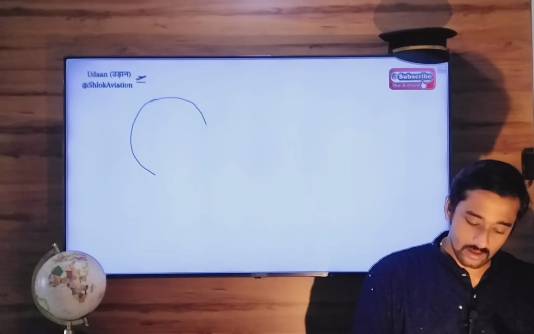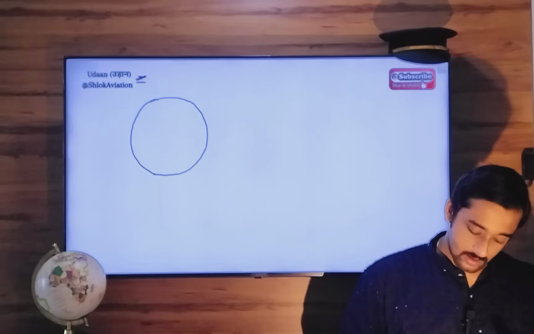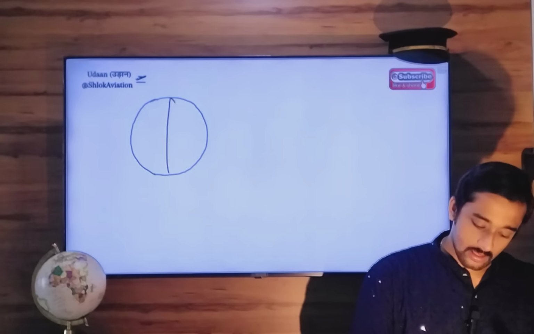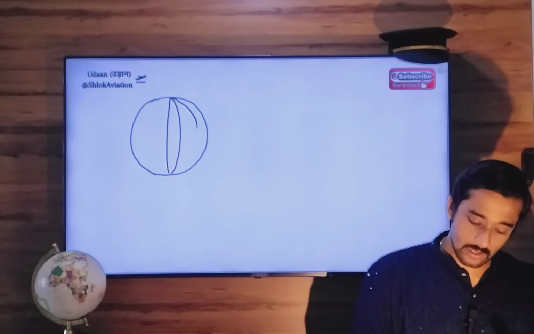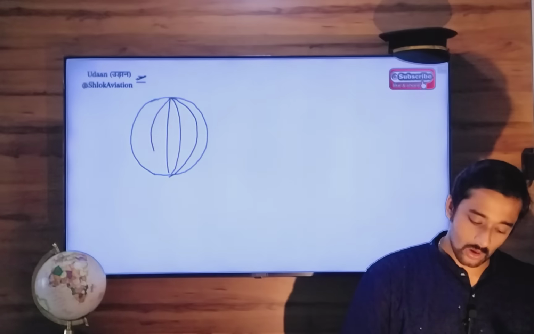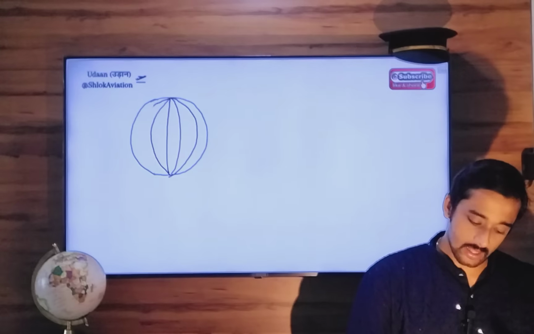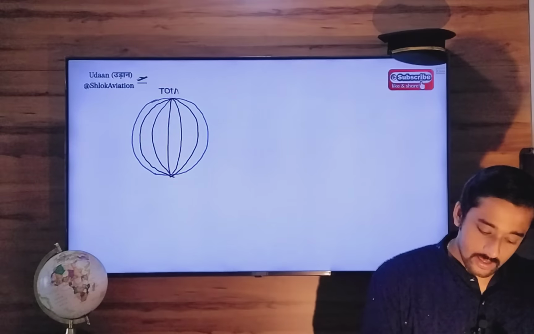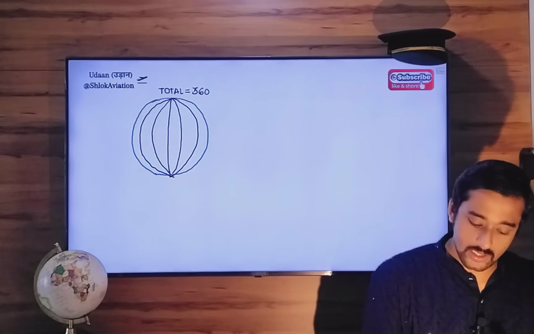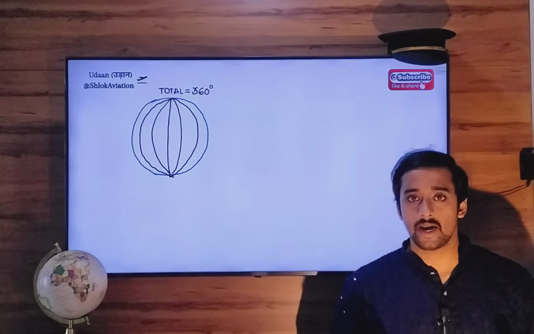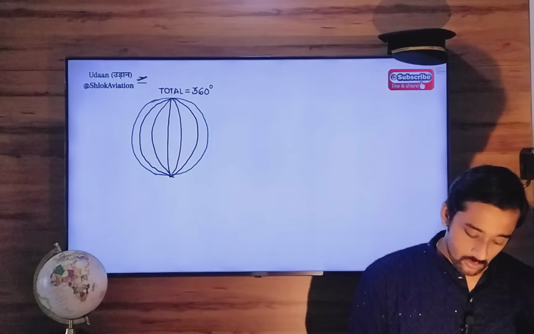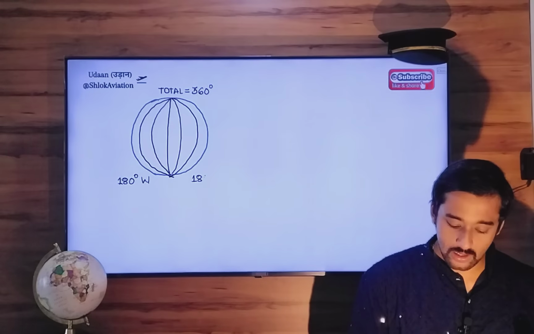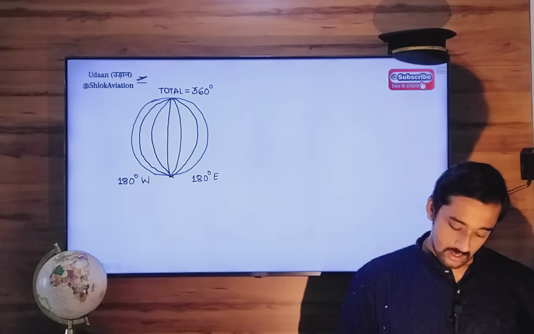So this is my Earth. We have a prime meridian, 0 degree. We have longitudes in the eastern hemisphere like this, longitudes in the western hemisphere as well, somewhat like this. So in total we have 360-degree longitudes. These 360-degree longitudes are divided into two hemispheres: 180 degrees in the western hemisphere, another 180-degree longitude in the eastern hemisphere.